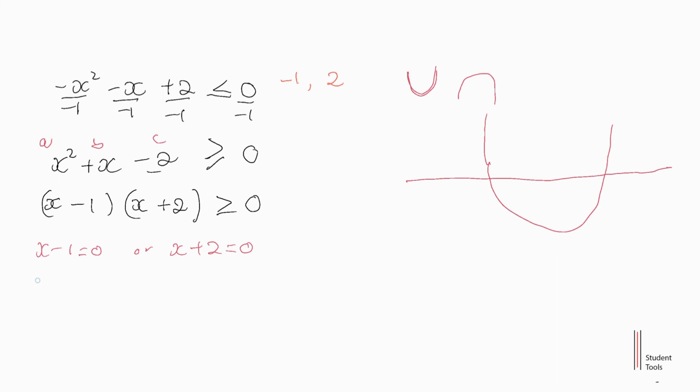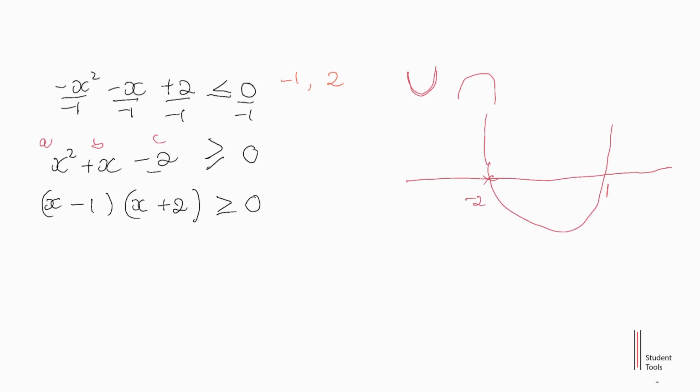So here x will be equal to a positive 1. And here x will be equal to a negative 2. So that means here we will have negative 2 and this will be the positive 1. Let us erase this, because now we know the x-intercepts of the graph.